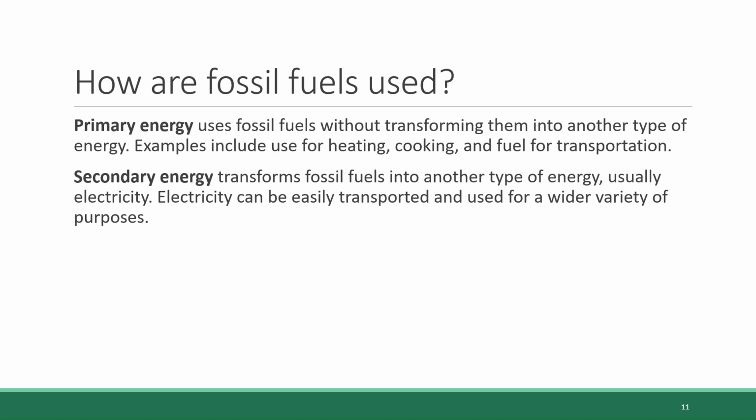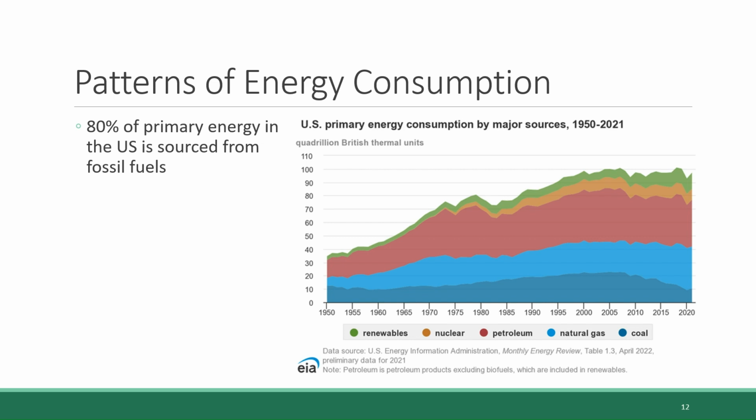To give you a sense of how big a role fossil fuels play in our primary and secondary energy in the US, 80% of primary energy in the US is sourced from fossil fuels. You can see that reflected in the graph here, which runs through the year 2021. Only the green and orange sectors, which represent renewables and nuclear energy, respectively, are non fossil fuels.